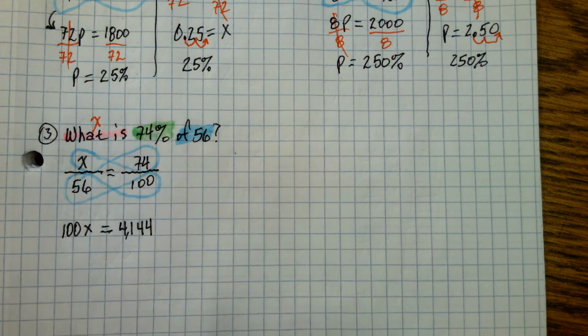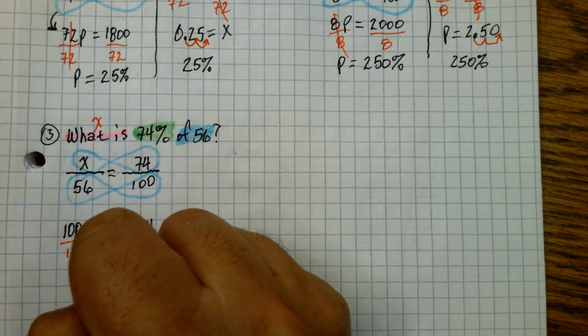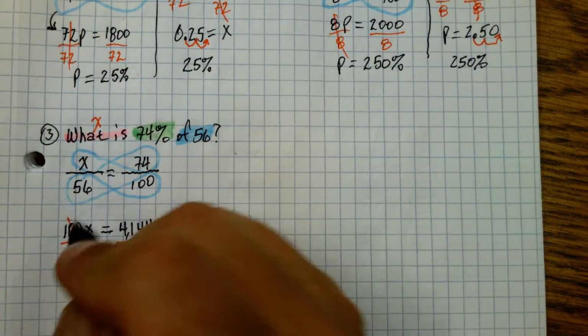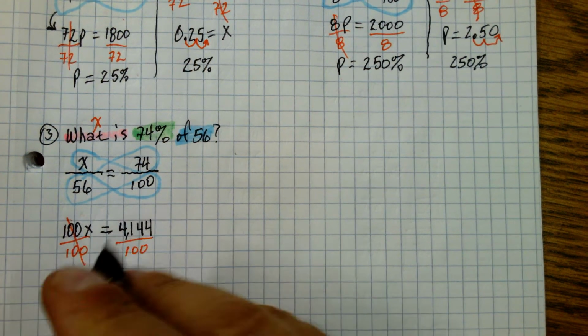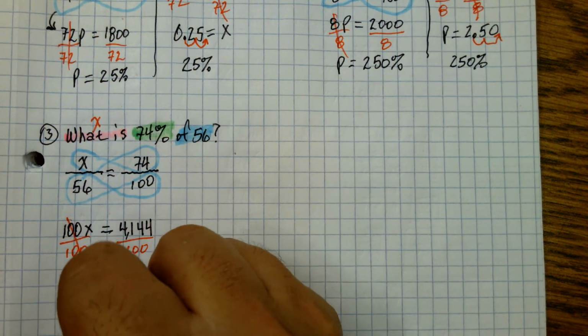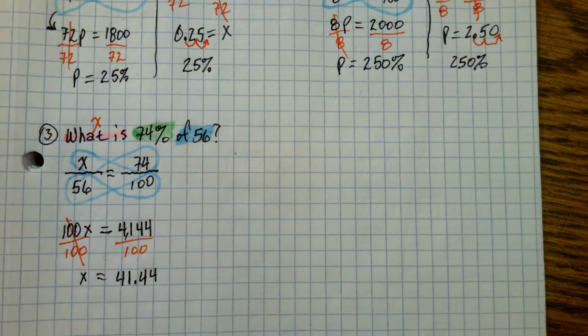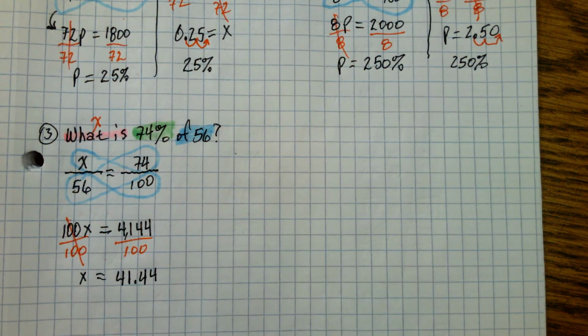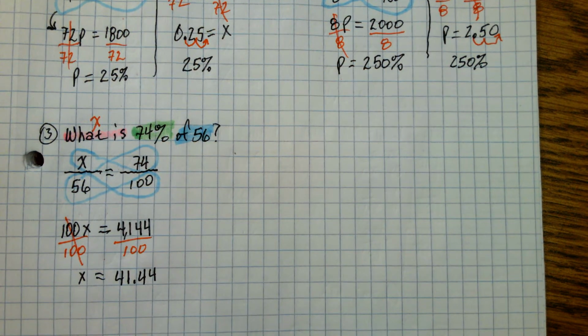And so we got to divide by 100. So x turns out to be, now if this was money, $41.44. A lot of the stuff we're going to be doing is going to deal with money, by the way. All right.